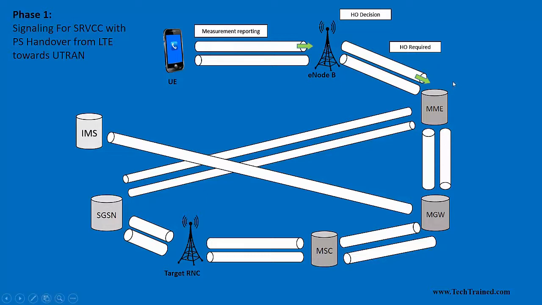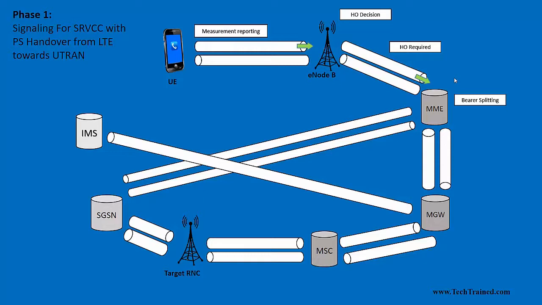Once this particular message is received by the MME, it is going to split that message into two portions, packet switch and circuit switch, because it has to send the required portion or request towards the respective parties.